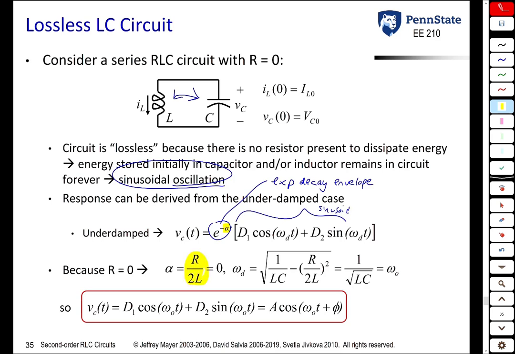But in this case, the resistance in the RLC circuit is 0. It's basically having a series resistance of 0. If alpha is 0, then e to the 0 is just 1. Furthermore, the frequency of oscillation omega sub d, which is given by this expression here, reduces to this expression, which is what we call resonant frequency.